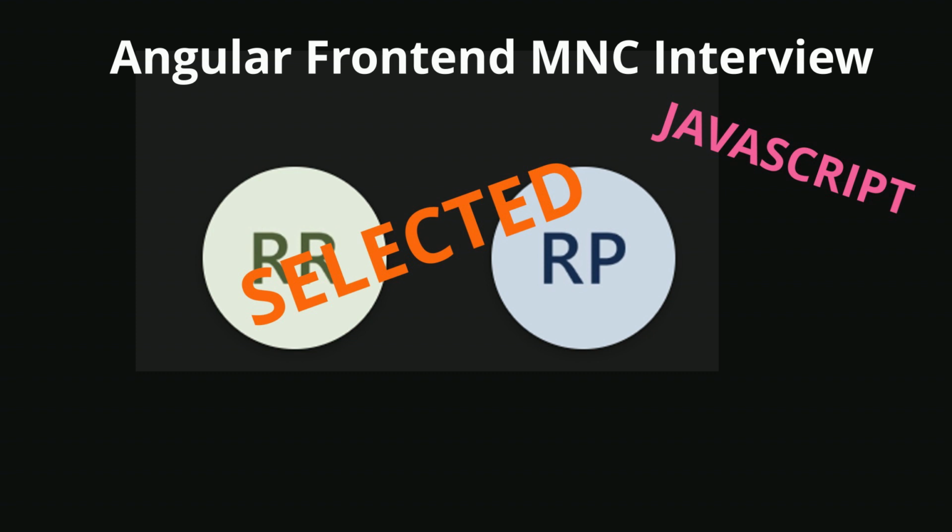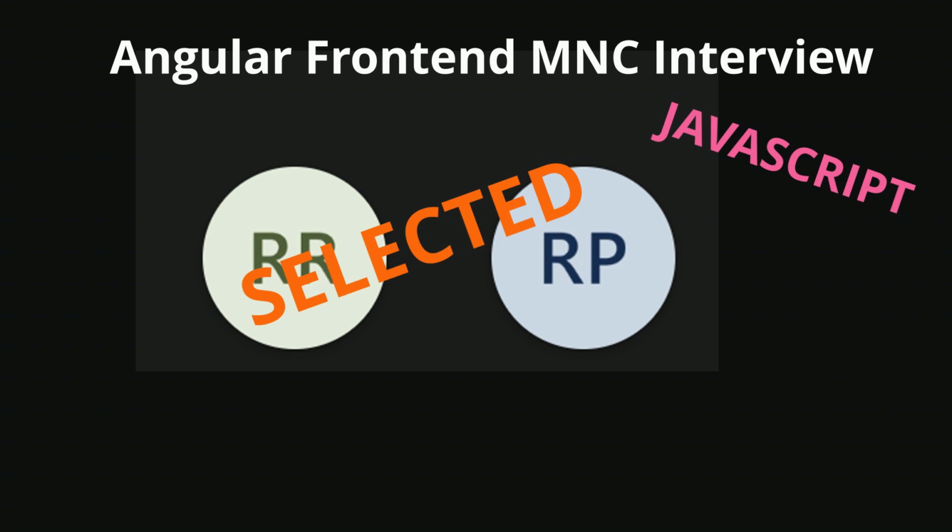How can you handle memory leaks in an Angular application? Basically, for memory leaks, we can use the ngOnDestroy function. Let's say we started some timeout or timer in our particular application.